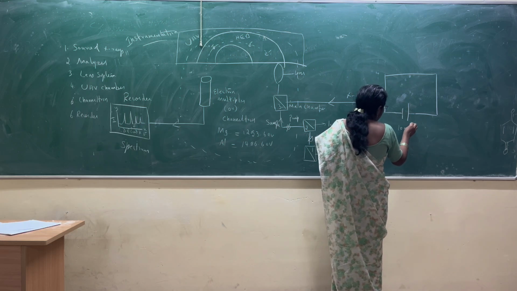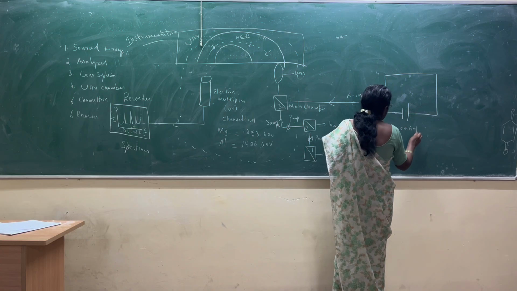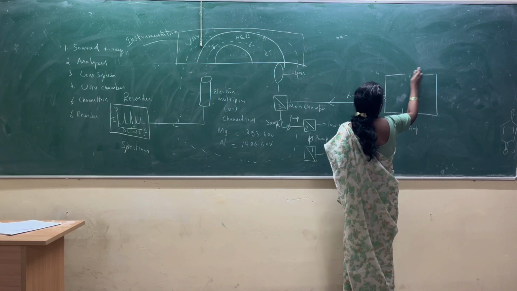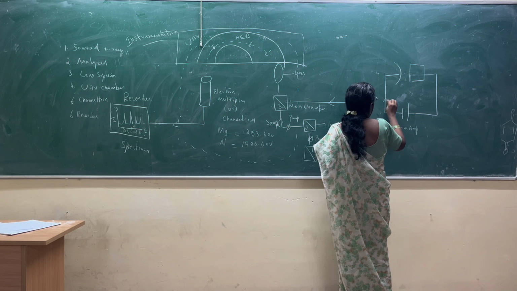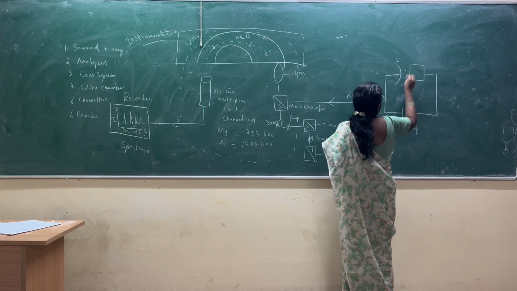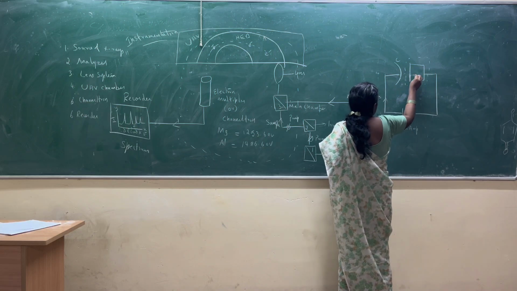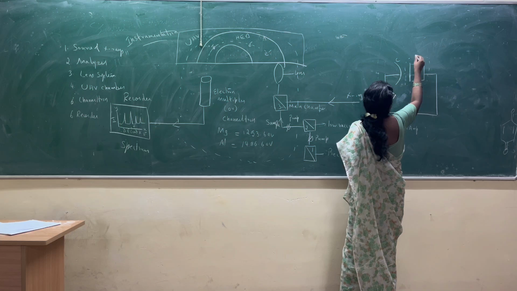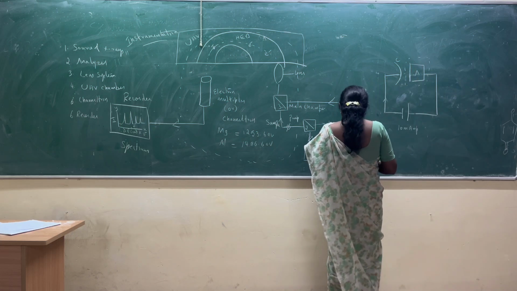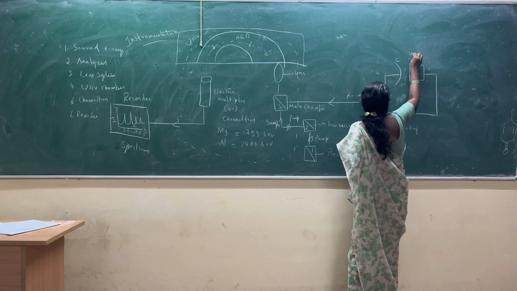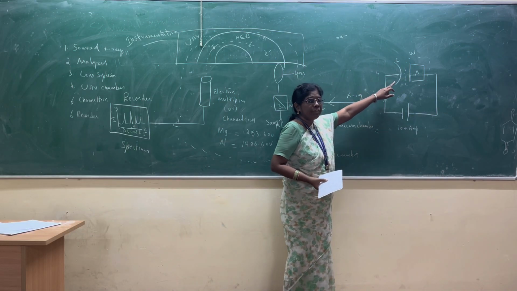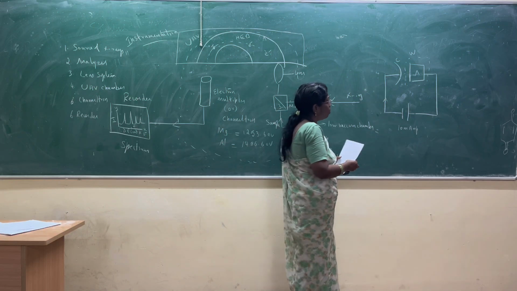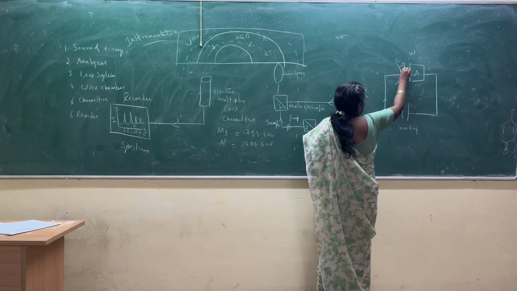When 10 milliampere current is supplied, the filament C gets heated up and produces electrons.